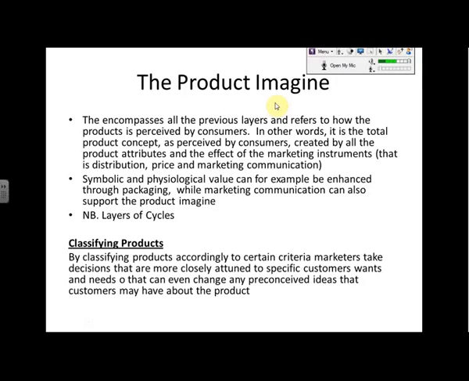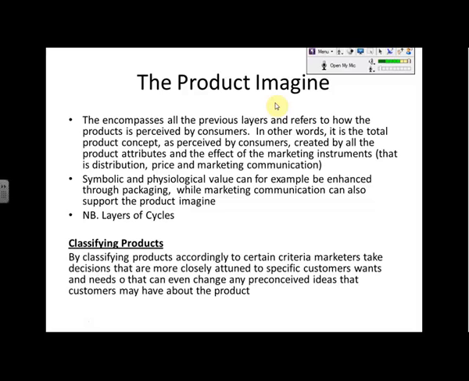Product image. What is the product image? This encompasses all the previous layers and how the product is perceived by consumers. In other words, it is the total product concept as perceived by consumers, created by all the product attributes and the effect of the marketing instruments.